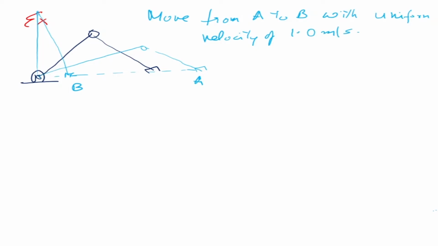Okay, so this is the problem. The manipulator end effector should move from point A to point B with a uniform velocity of 1 meter per second.